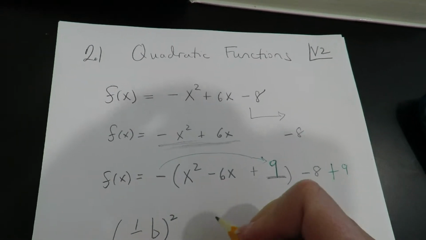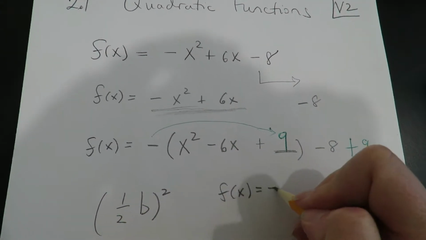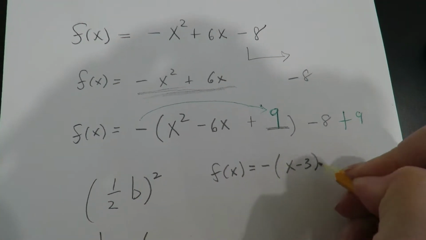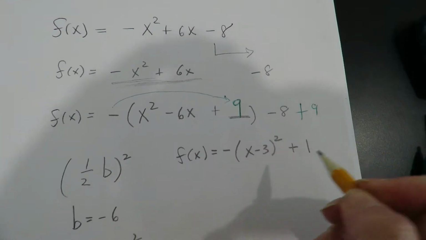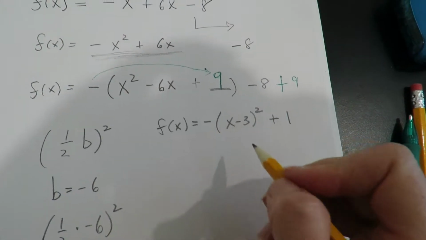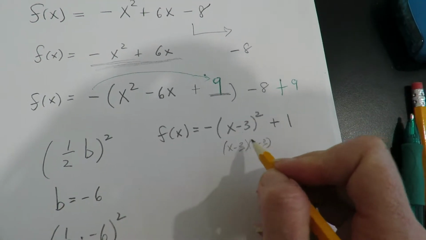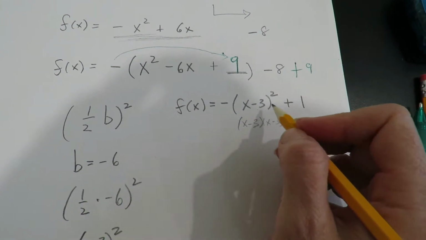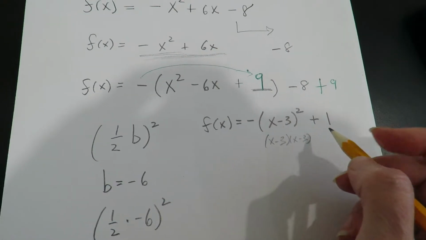Okay, so now the next step here is to factor this. This is called a perfect square of difference. Again, do not write it like neighbors. Write it quantity squared, like a photocopy, so that it looks like it's in vertex form.